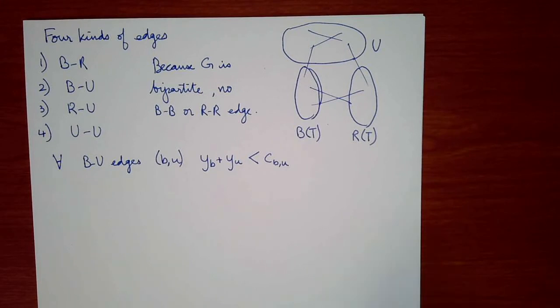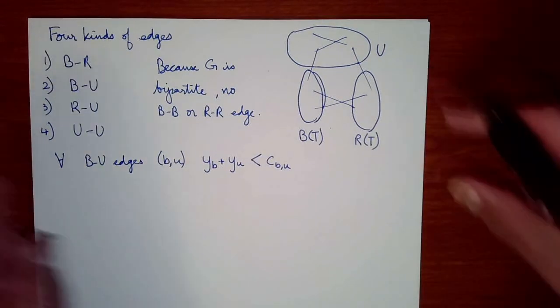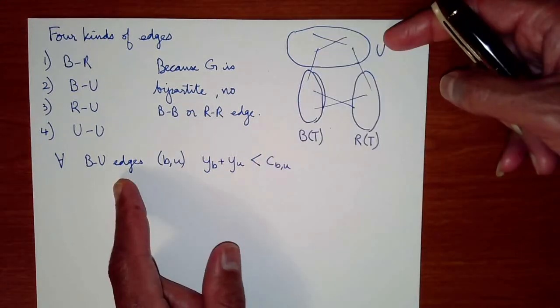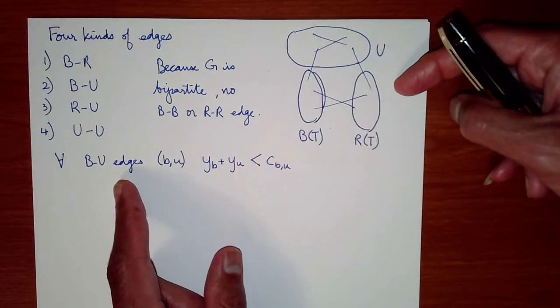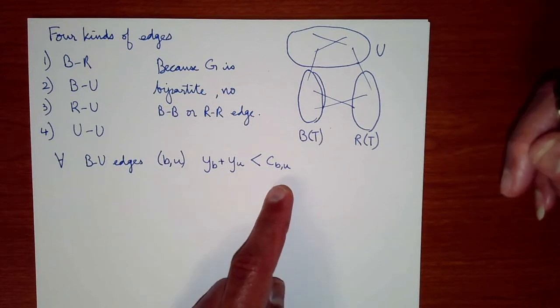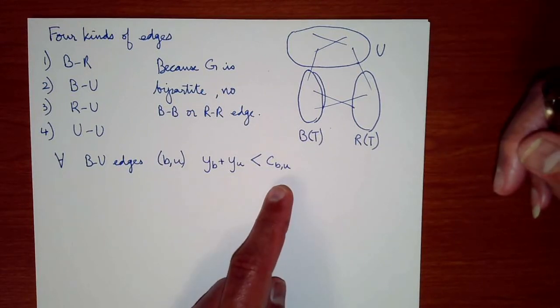Is this picture making sense here? To understand what is going on? So, this is the situation we're at. For all blue-U edges, where U is every vertex that's not in B union R, the constraint is slack.